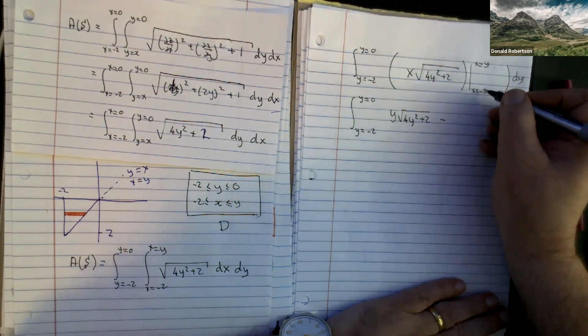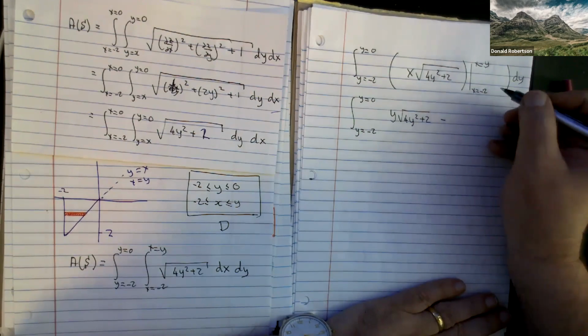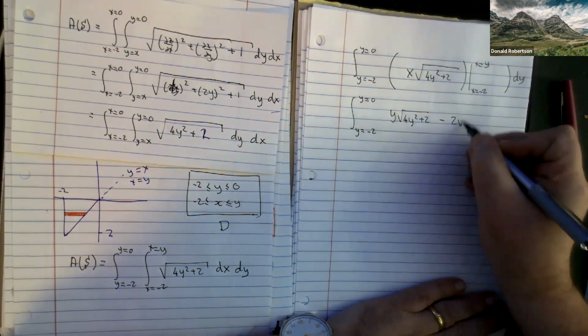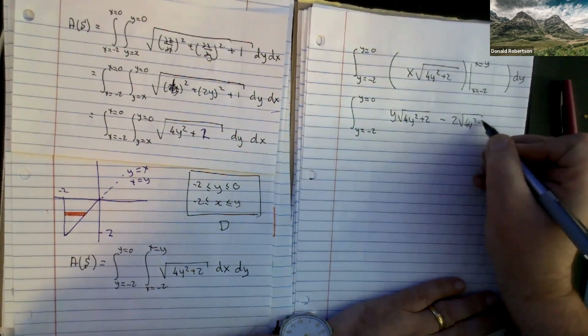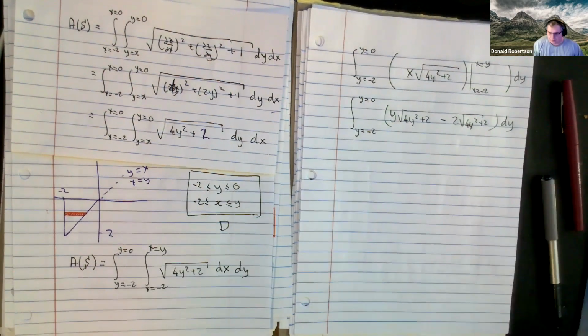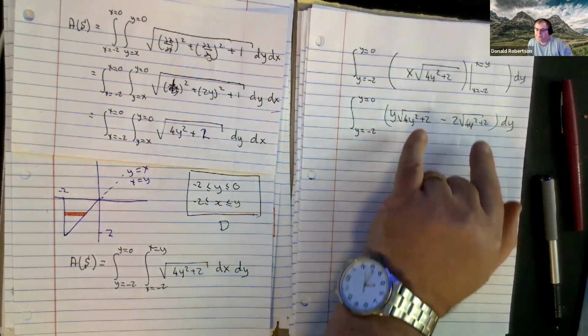Actually, yeah, you plug that guy in, you get -2, the square root of 4y squared plus 2, and dy. So at least I got by the first integral, right?